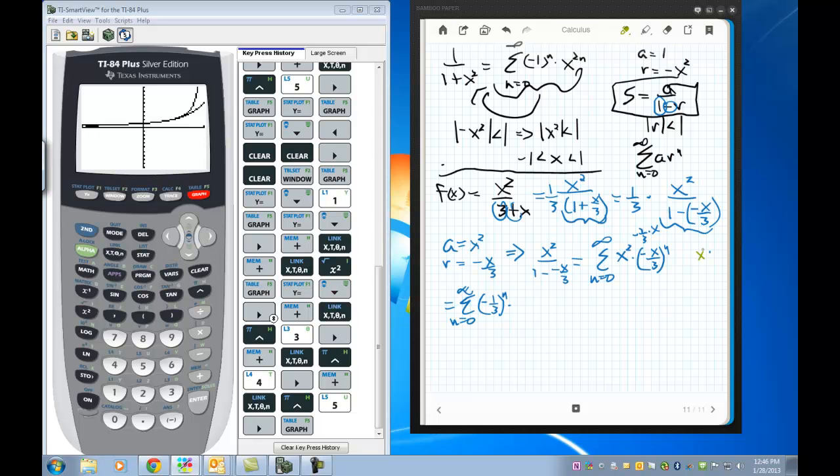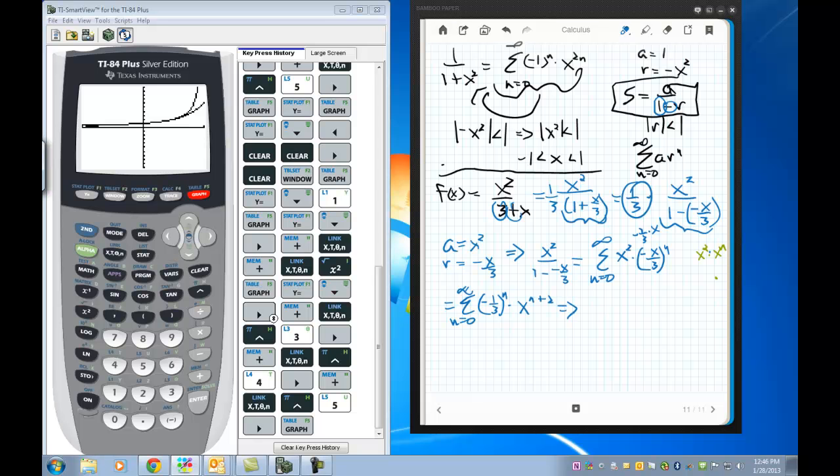I'm left with an x squared times x to the n. Well, what is x squared times x to the n? The bases are common. When I multiply terms with common bases, what do I get? I get the sum. So this is x to the n plus 2. Now, we're not done yet. We're close. Remember, we had a 1/3 that we pulled out of here.